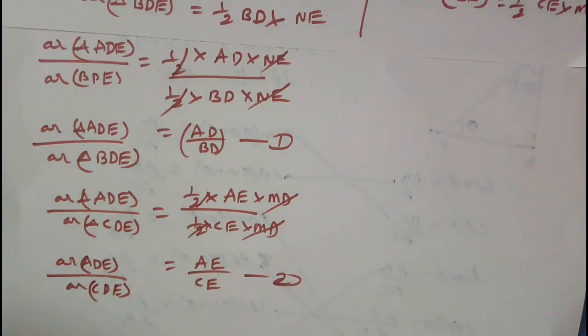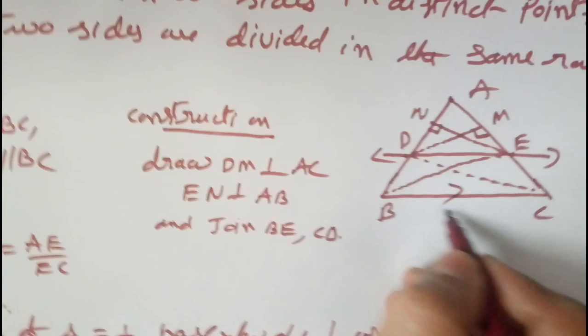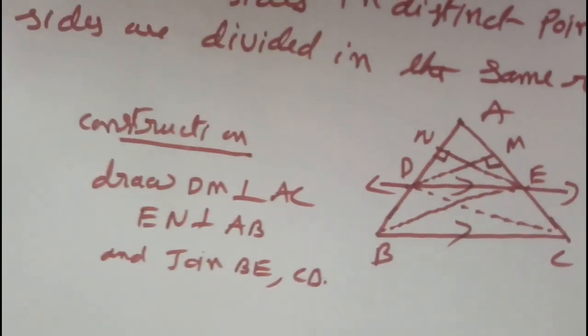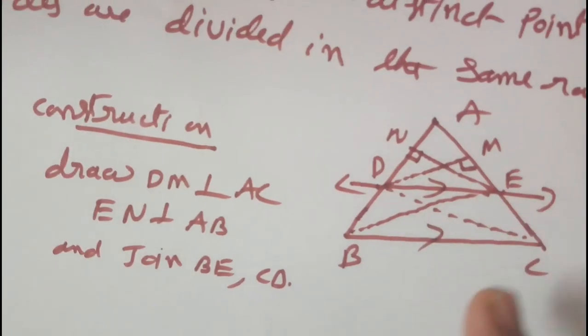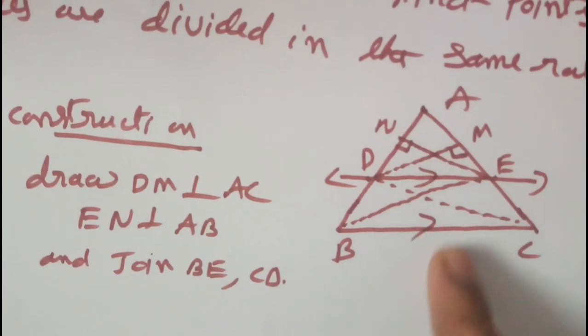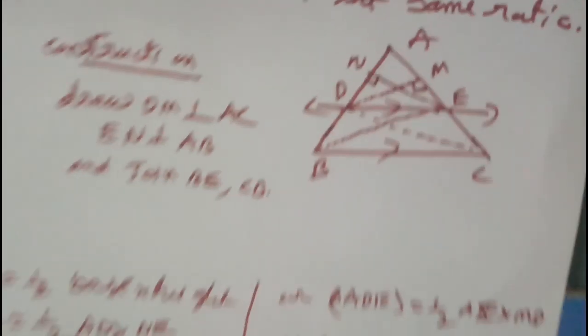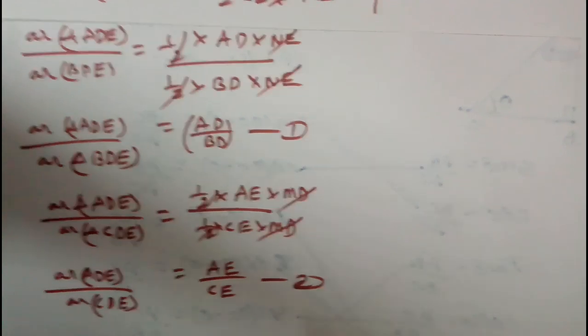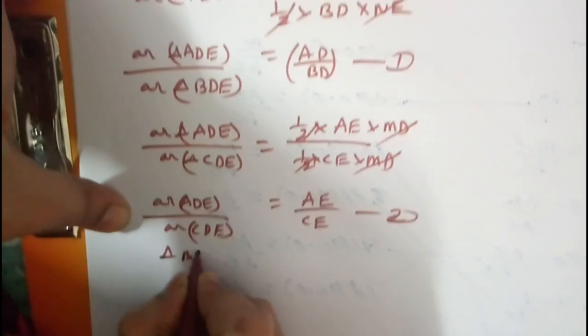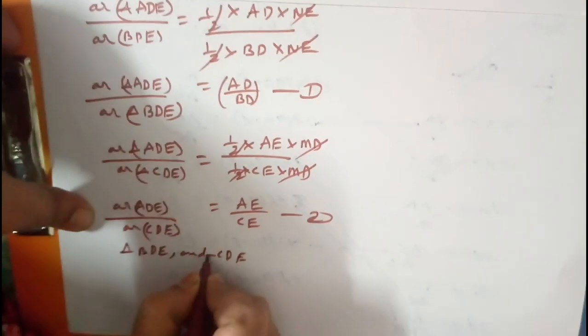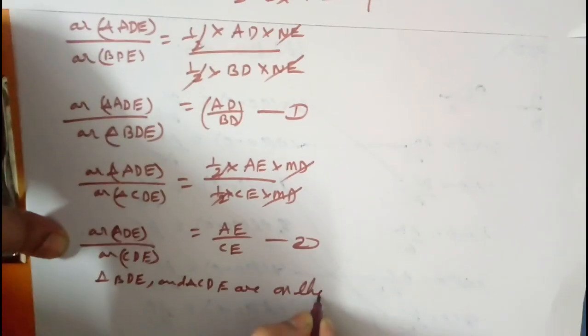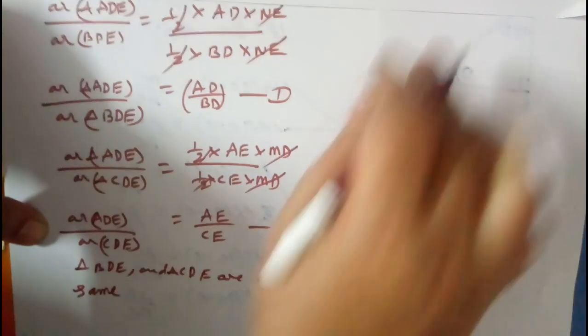Now if you observe the figure here, BC parallel to DE. The triangle BDE and triangle CDE are on the same base DE and between the same parallels DE and BC. So now only we discussed, the two triangles on the same base and between the same parallels, areas of those two triangles are equal. Therefore, triangle BDE and triangle CDE are on the same base. What is the same base?